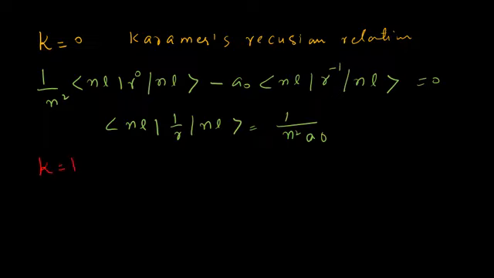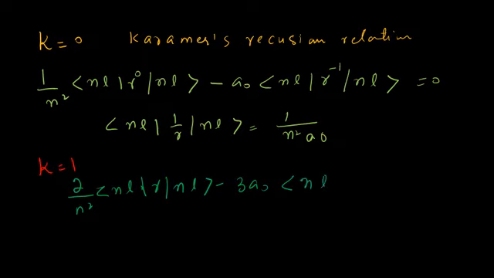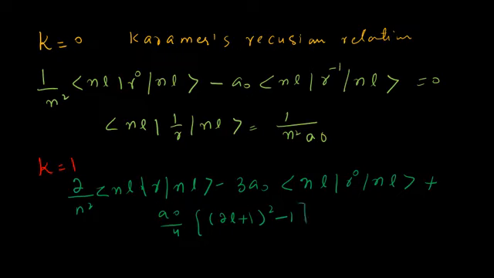Next, what if k is equal to 1? If k is equal to 1, then the Kramers recursion relation will be 2 over n square <n l| r |n l> minus 3 a naught <n l| r naught |n l> plus a naught divided by 4 into ((2l plus 1) square minus 1) <n l| r power minus 1 |n l> equal to 0.